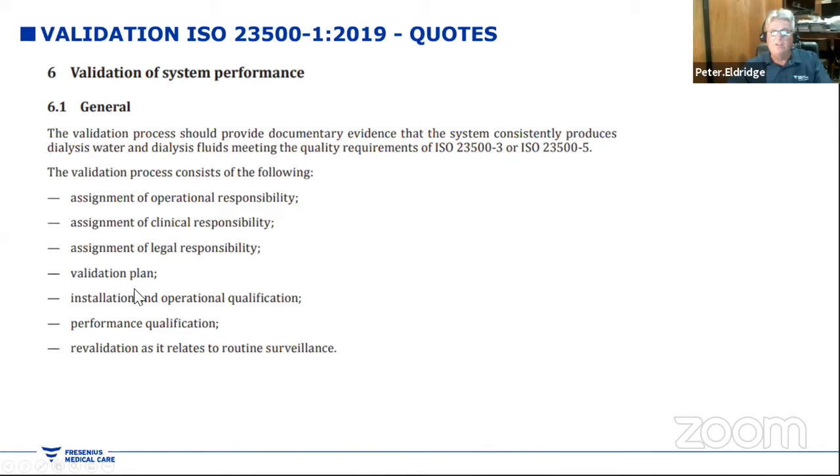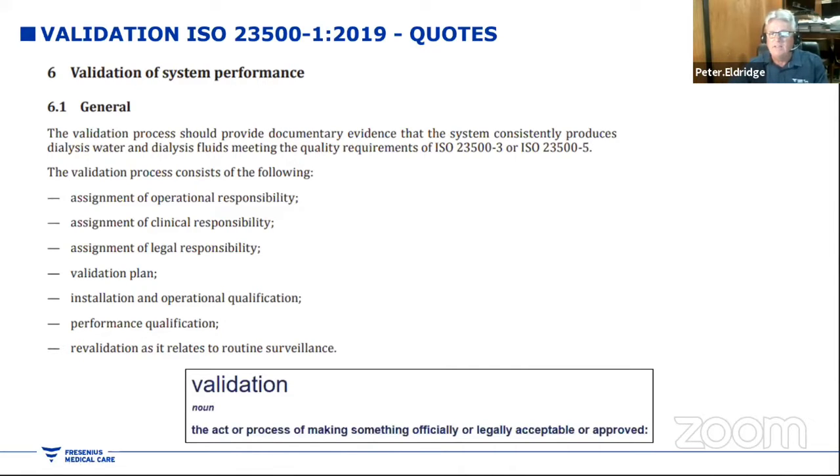We need a validation plan. So the validation plan is your water testing, how you're going to do your daily logs. We also need to have installation, operational qualification, performance qualification. And if we do anything, we should revalidate regularly, and particularly if we change any steps of our process.